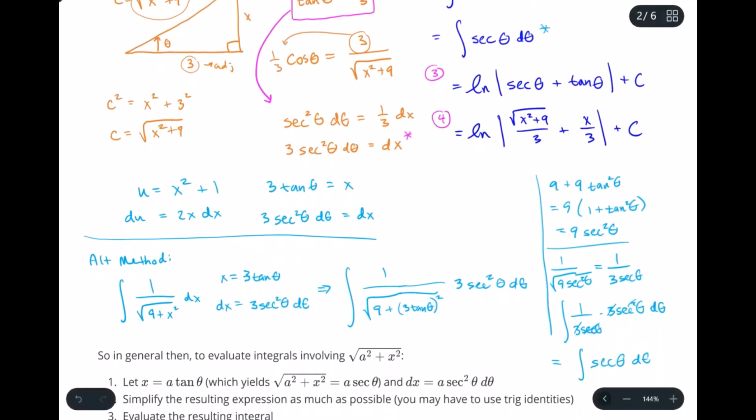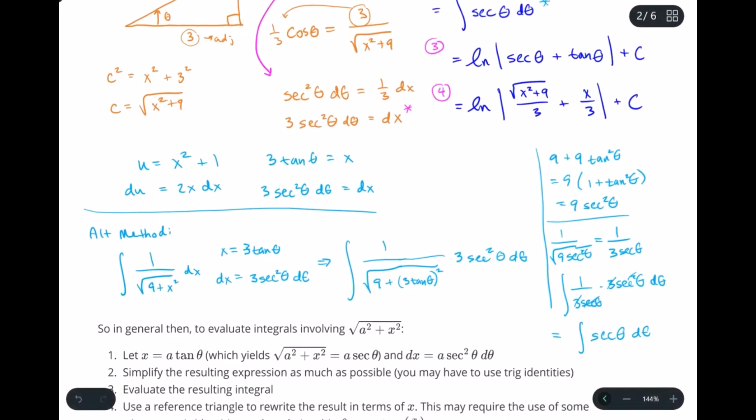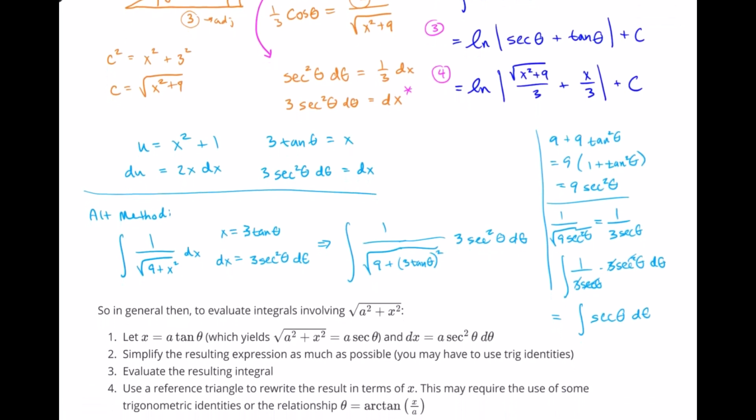And lastly, replace back for the original variable. Those are the 4 steps that you'll always do for trigonometric substitution integrals. Occasionally, you may have to use some trig identities when you're substituting back. Sometimes you have to use arc trig functions. We'll do some different examples and I'll show you all the possibilities, but just know that it might get a little bit more involved in that last step sometimes.